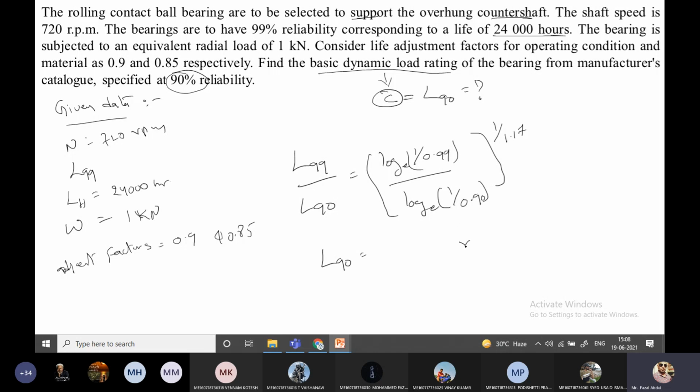Tell me the answer directly. For 90% reliability, how many revolutions are there? Revolutions should be expressed in terms of 10 to the power of 6. Now tell me what is the magnitude here.